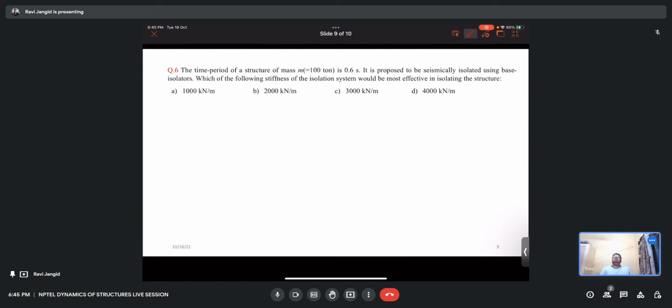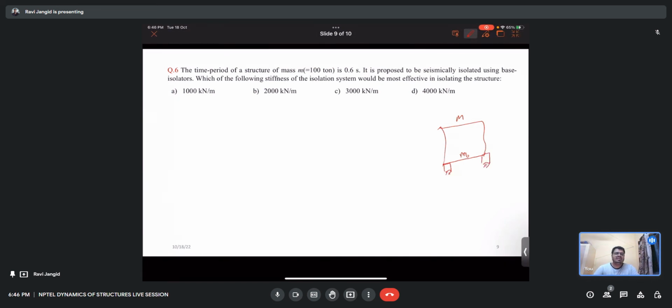So what would be the stiffness of the base isolator KB, not KS? Here this is the mass of the base part, and this is your isolator.